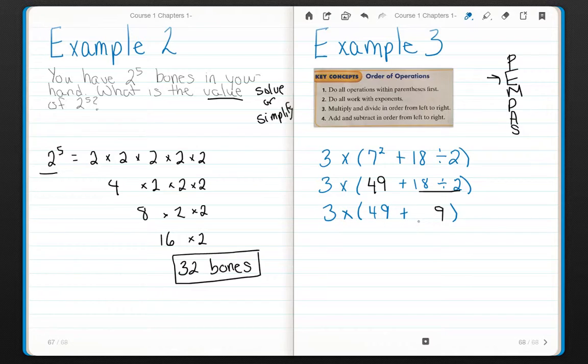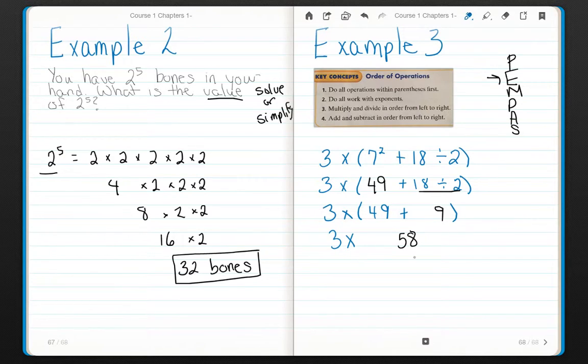The only thing left to do here is add. 49 plus 9 is 58. Rewrite the rest of it. You can either leave off the parentheses or continue to have the parentheses, but since there isn't anything else, the parentheses don't matter at this point.